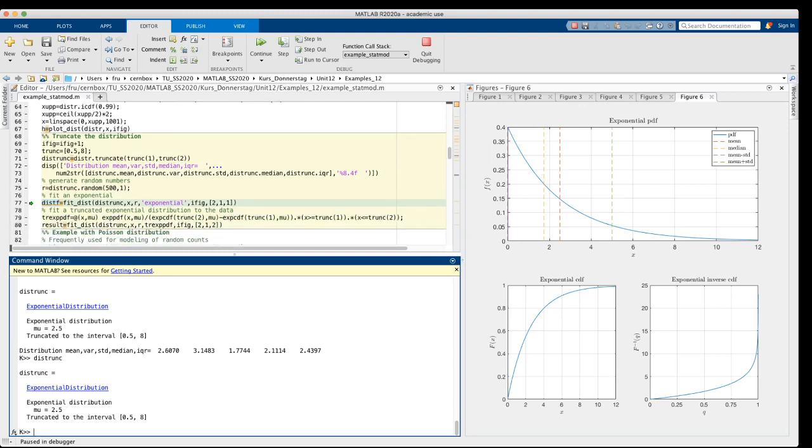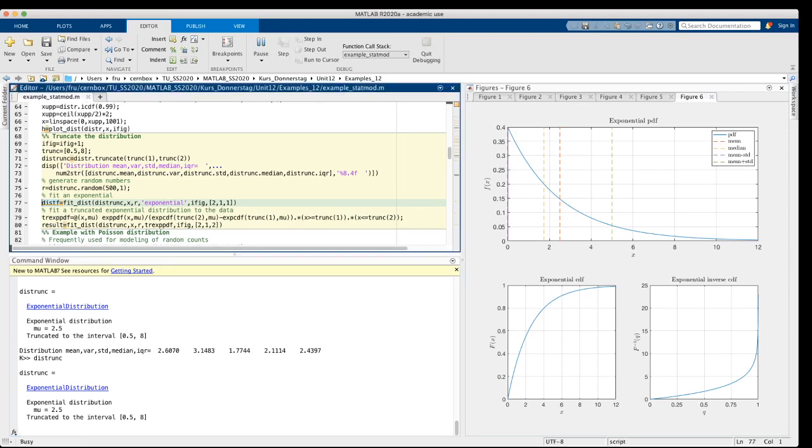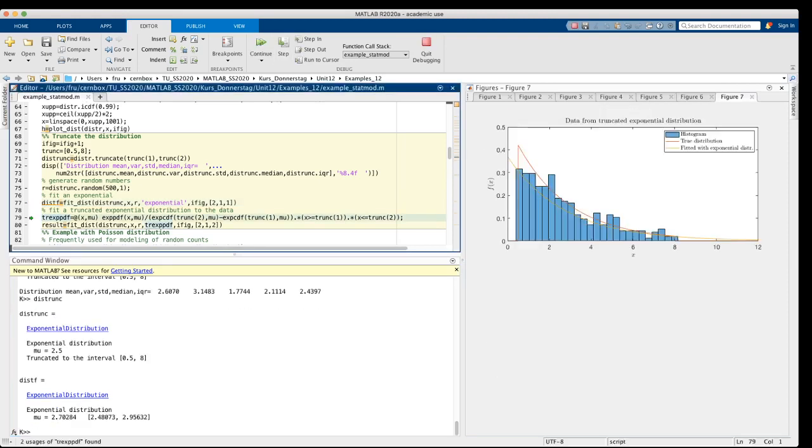Now let's fit an exponential distribution to this truncated data, and we'll see this is not a very good fit. So in the top panel we see the histogram from the random sample from the truncated distribution.